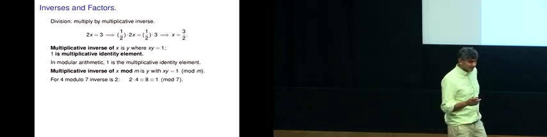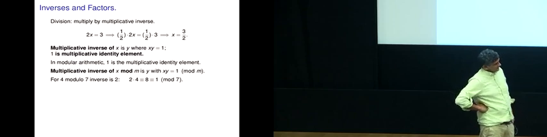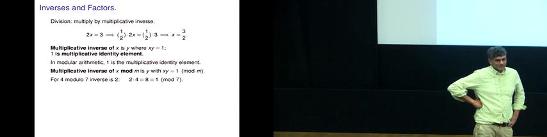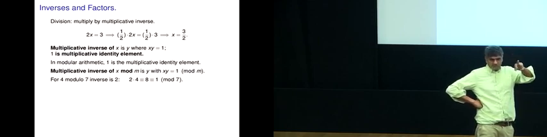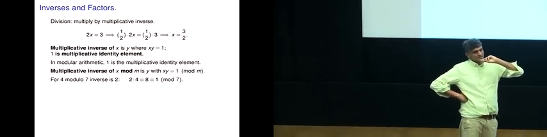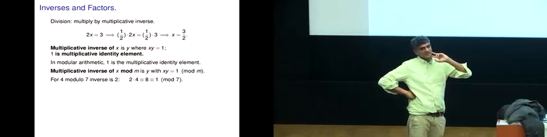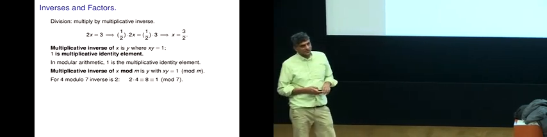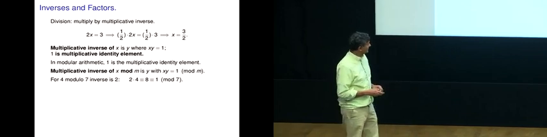He's asking if a number has only one multiplicative inverse. What do you think? They're multiplicative inverses of each other, right? No, there won't be two.